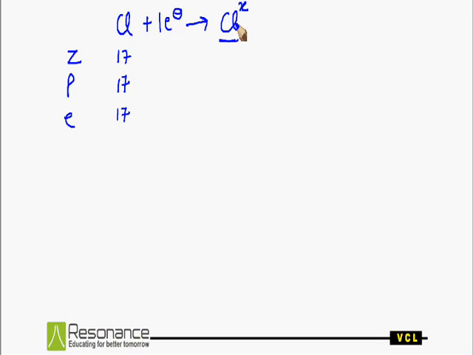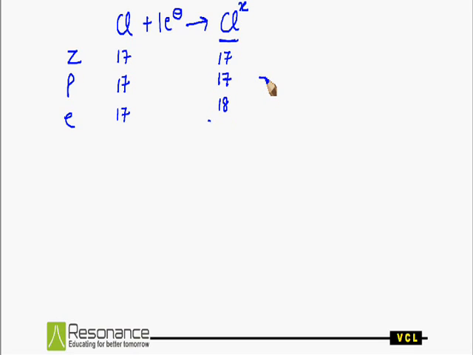In case of chloride ion, Z is 17 because it is chlorine, and number of protons is equal to atomic number, so we can write 17 protons in chloride ion, but number of electrons will be 18 because it has gained 1 electron extra.